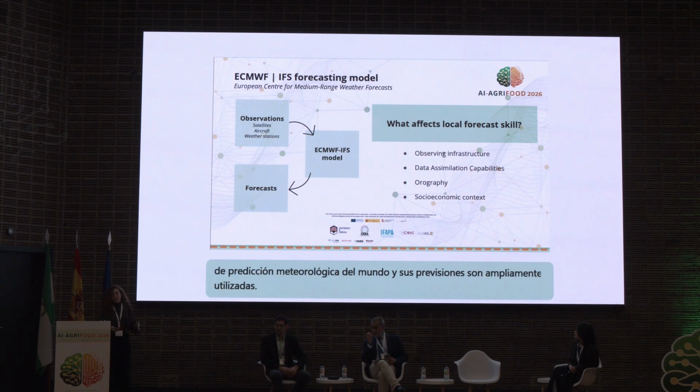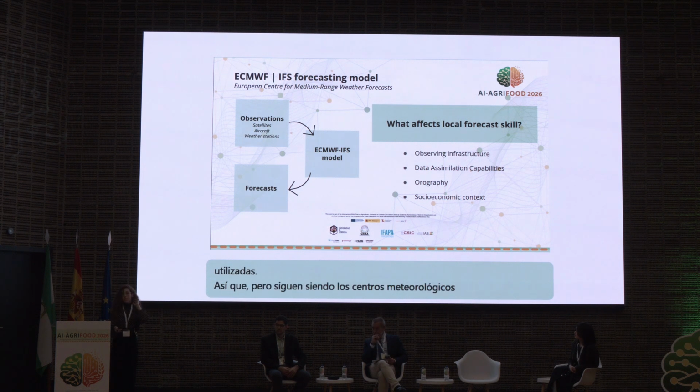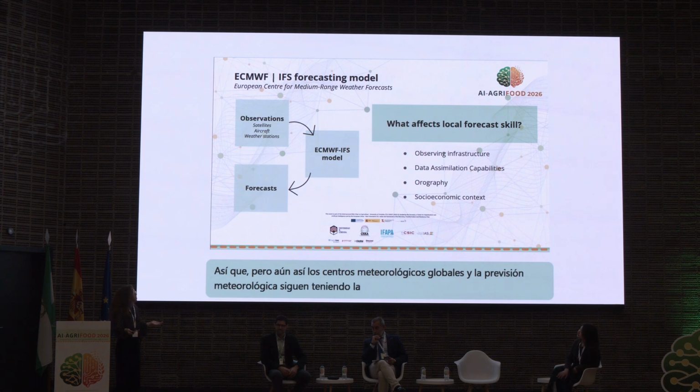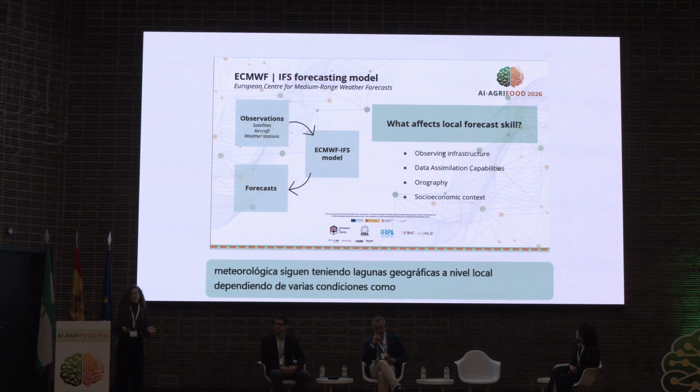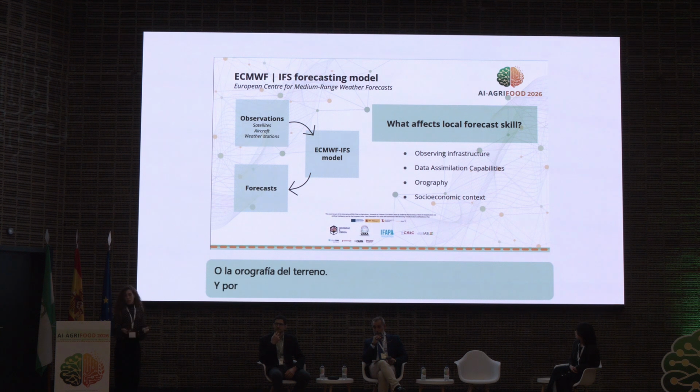But still, the global weather centers and the weather forecast still have geographical gaps at the local level, depending on several conditions, like the observing infrastructure, the kind and quality of data that we have, also the data assimilation capabilities of the model itself, or the orography of the terrain. And that's why it's so important to analyze the weather forecast skill at the local level. Let's see some examples that we are working on.